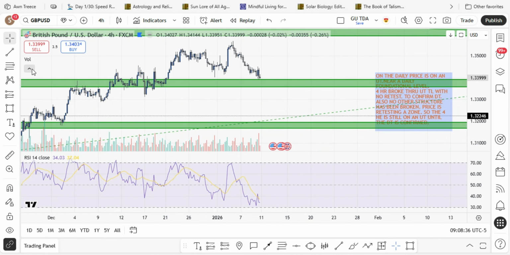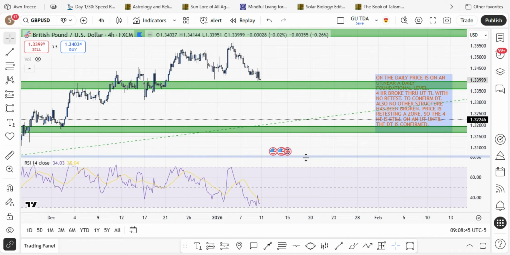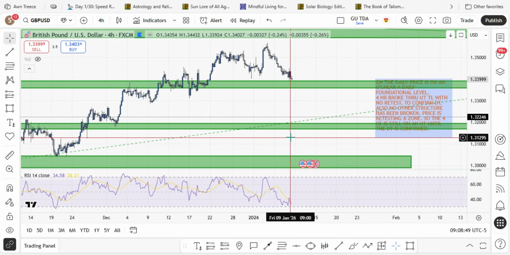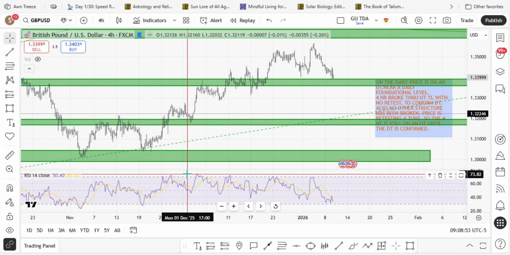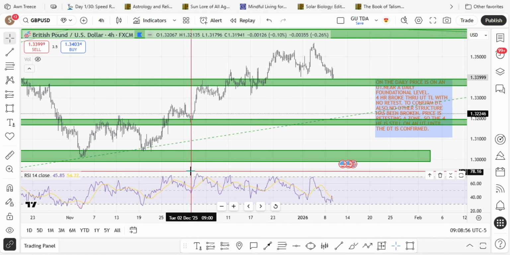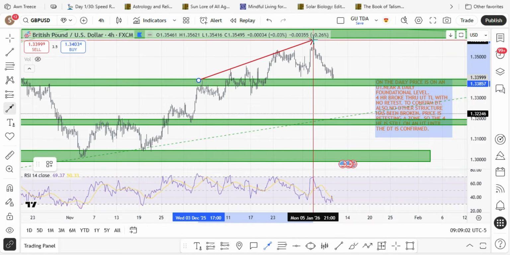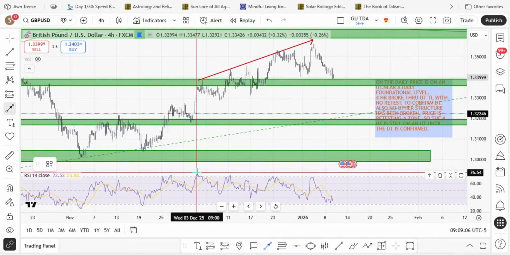What I don't need, the volume candles. Make that a little bit smaller. Let's see. This is 4 hour divergence.